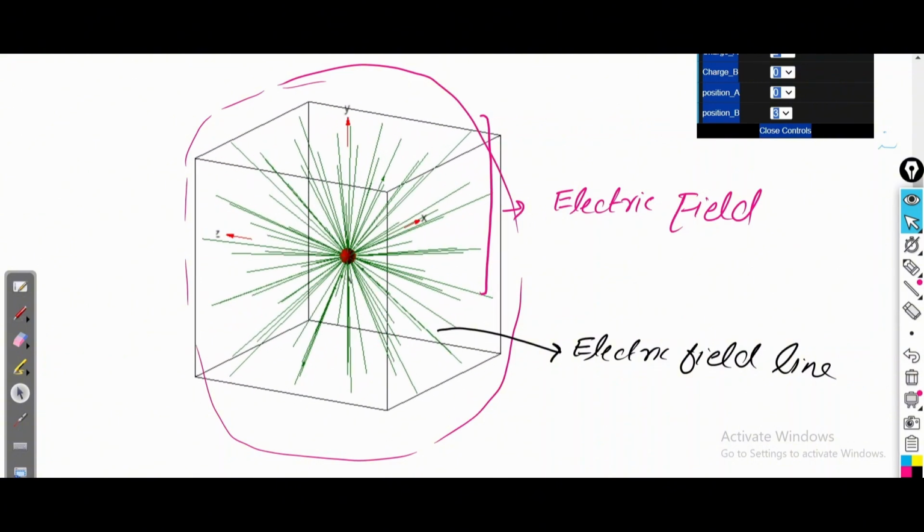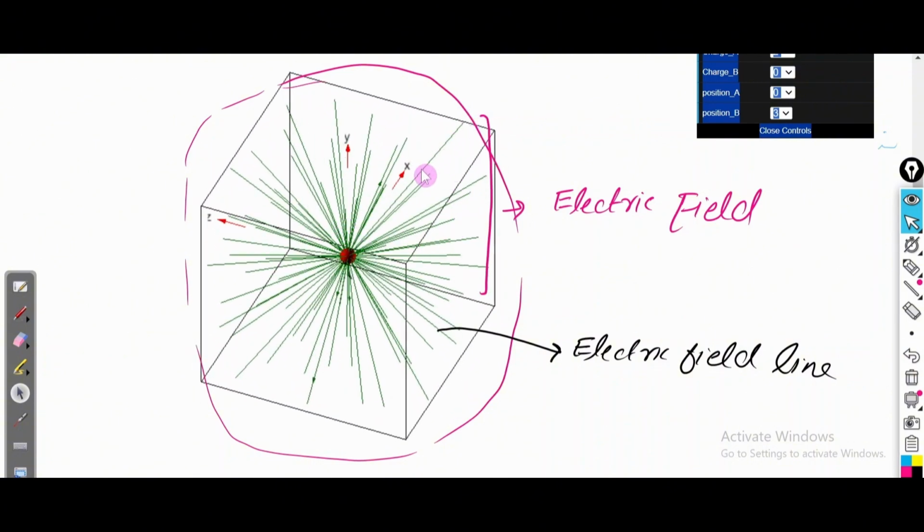When another charge is present inside the field of this positive charge, there will be some sort of force exerted on it. Let's take another charge, which is also a positive charge, and bring it into the region around this positive charge.